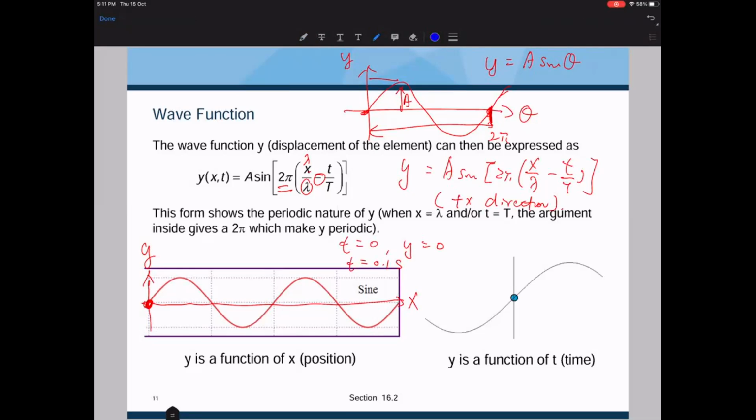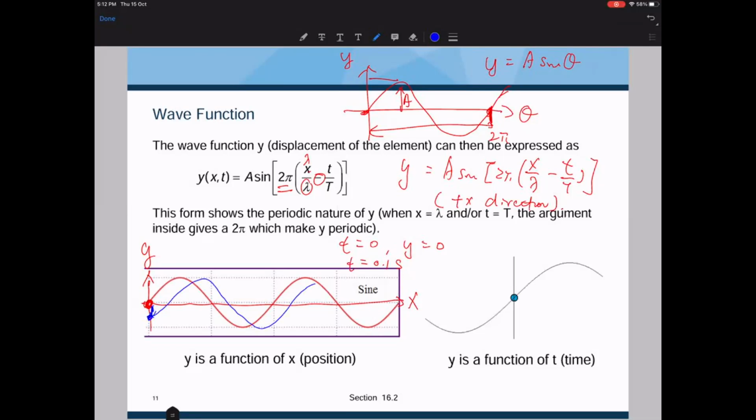After a short period of time, if the sine wave moves from left to the right, it becomes like this. You see the particle moves downward.